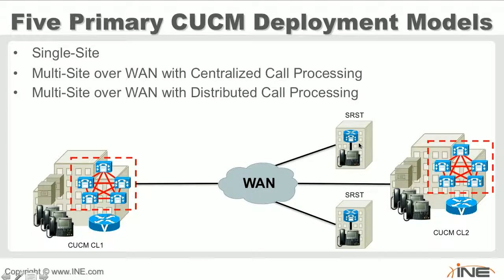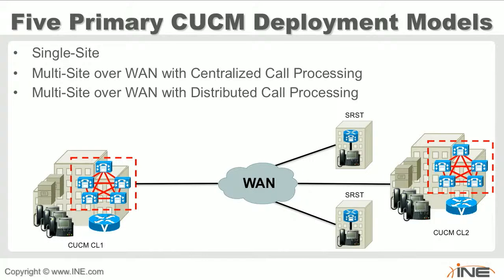Maybe I don't even have the branch offices. That would still mean that I have multi-site over WAN with distributed call processing. And maybe one of these sites is linked back to one cluster, maybe one is linked back to the other cluster, maybe both of these branch sites are linked only to one cluster. The point is that I have another cluster somewhere else.